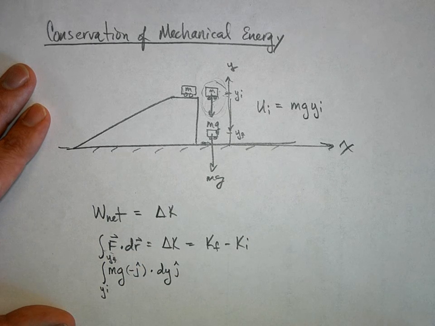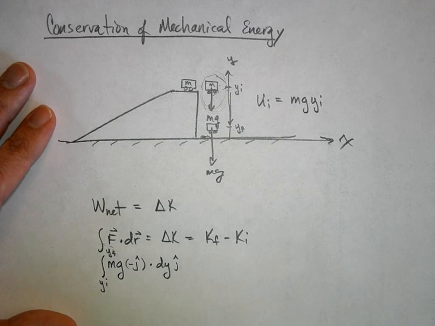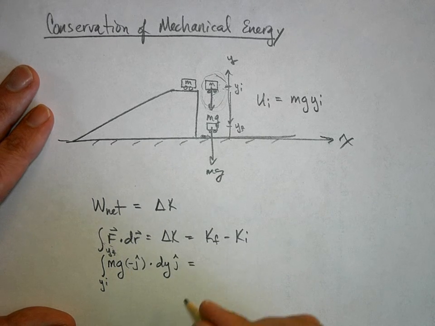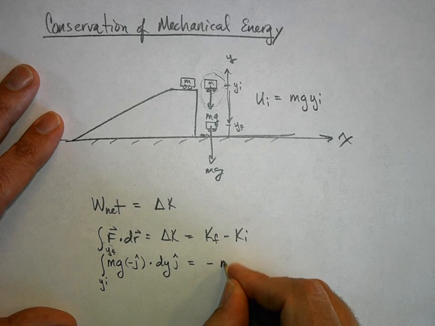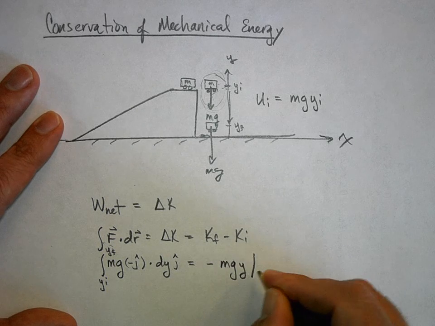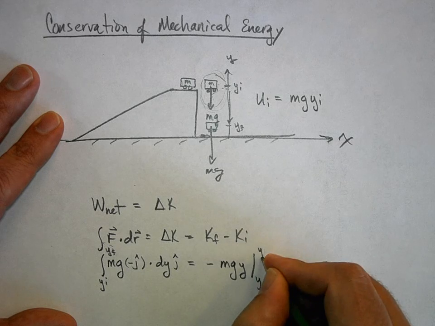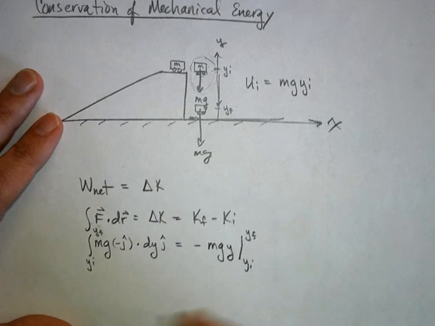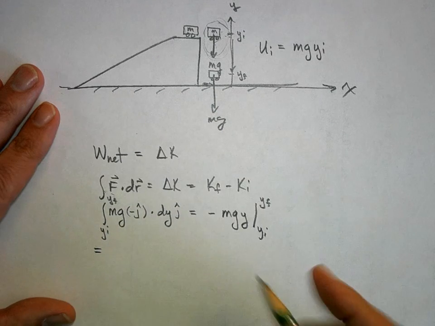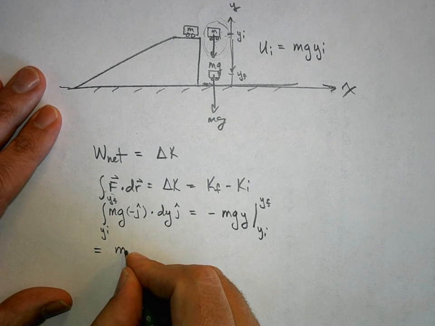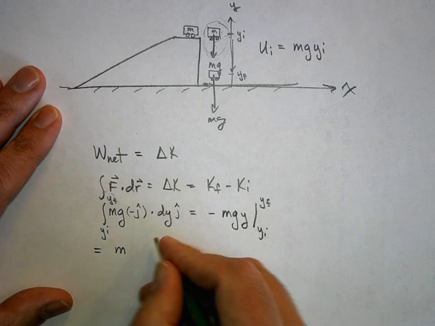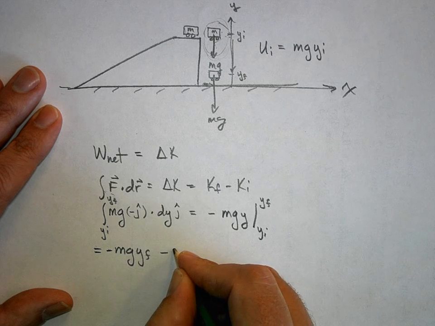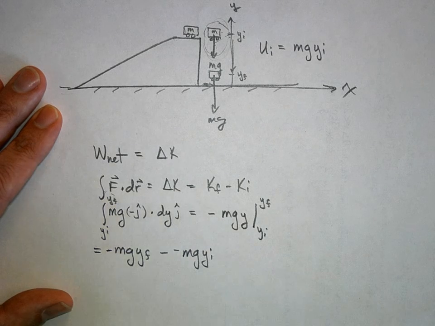This is just what I did last time. What do I get here? I get negative mgy from y initial to y final, which is negative mg y final minus negative mg y initial.